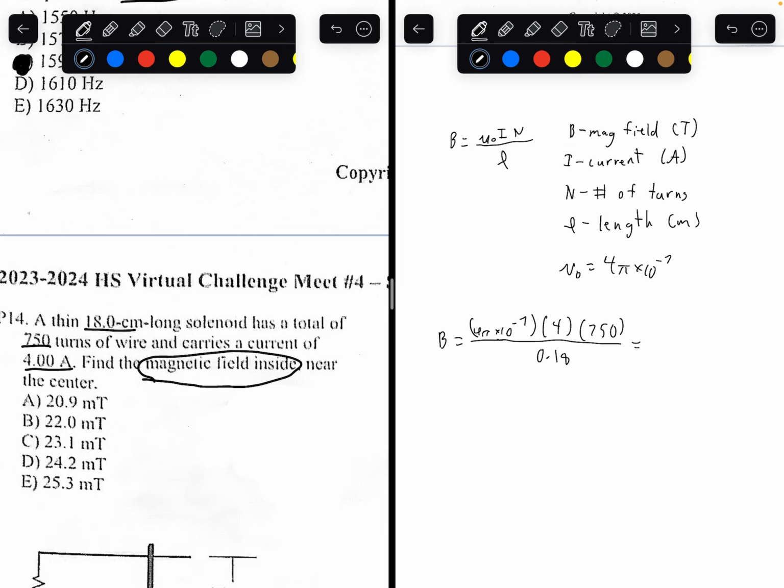Plugging everything into a calculator, you would get 0.021 teslas. But you want your answer to be in milliteslas. So remember, teslas to milliteslas, you have to multiply by 1,000.